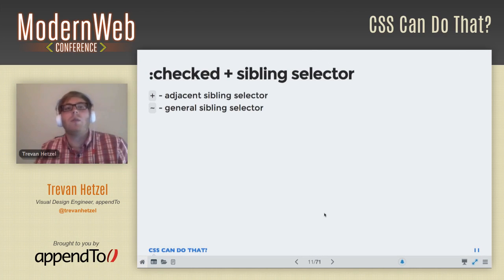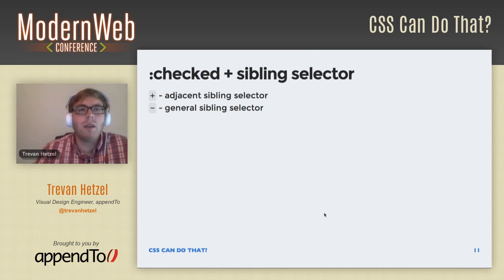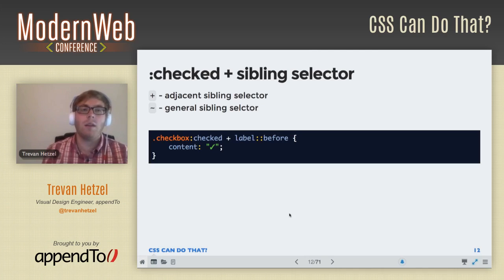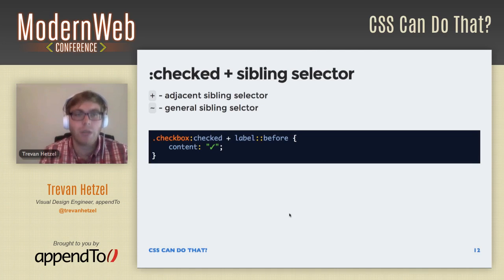Okay, so we'll talk again real quick about the adjacent and general sibling selectors. The adjacent sibling selector selects only the immediate sibling that follows the former specified element, and then the general sibling selector selects any sibling that follows the former specified element. So we can use that, and what we can do is we can say checkbox colon checked.